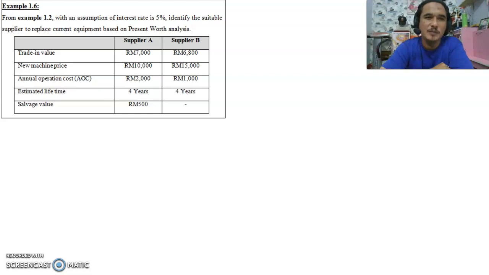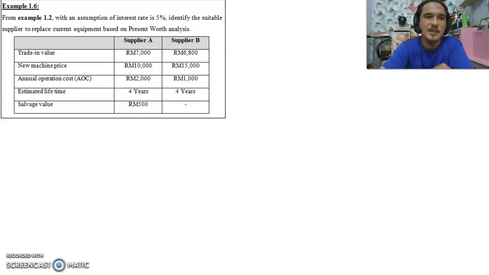For both suppliers, we have an apple-to-apple comparison in terms of trade-in value, new machine price, annual operation cost (AOC), estimated lifetime, and salvage value. Supplier A's trade-in value is 7,000, supplier B's is 6,800.